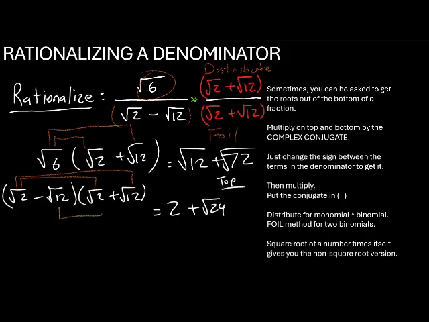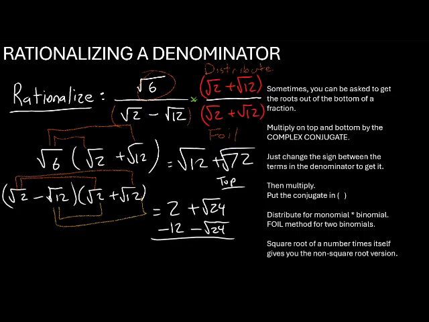Then we take the inner terms. Negative square root 12 times square root 2 gives us negative square root 24. Notice I will write the roots underneath one another. And then we'll have negative square root 12 times positive square root 12. Root 12 times root 12 will give us 12, but since one is negative and one is positive, this will give us negative 12.